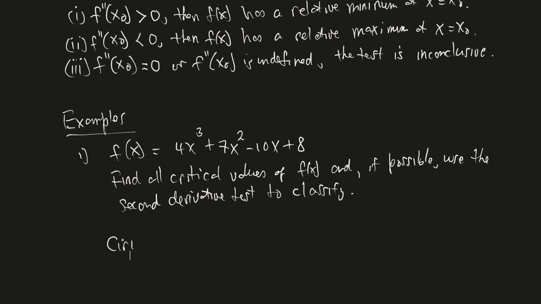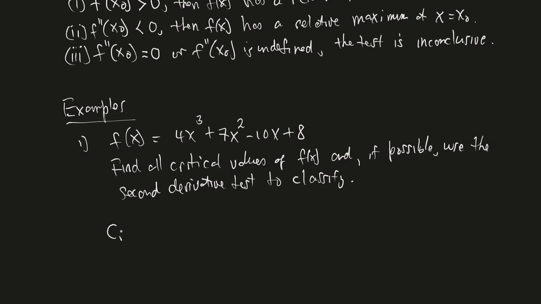Okay, so first step, as always, let's look at our critical values, see what we can find. For our critical values, we need our first derivative, and that is 12x squared plus 14x minus 10. Because this is a polynomial, we know that polynomials are always continuous, they're always differentiable.